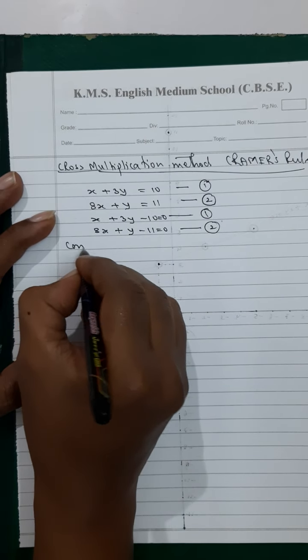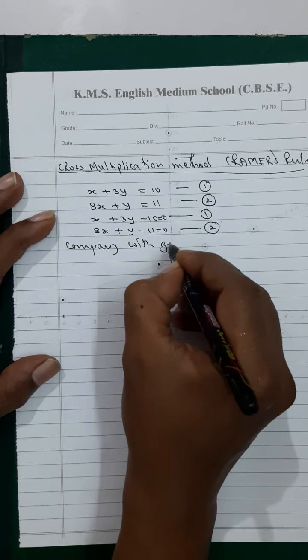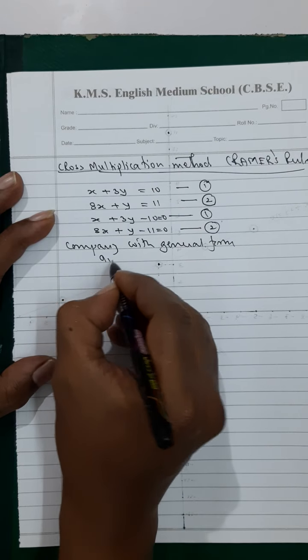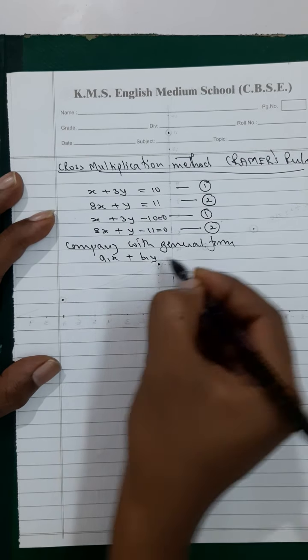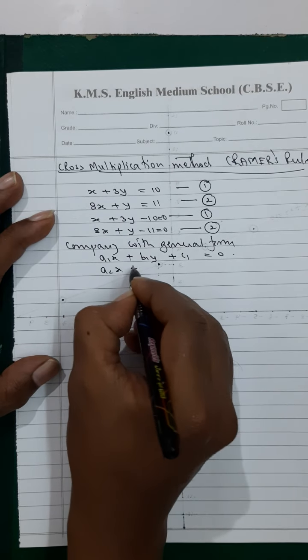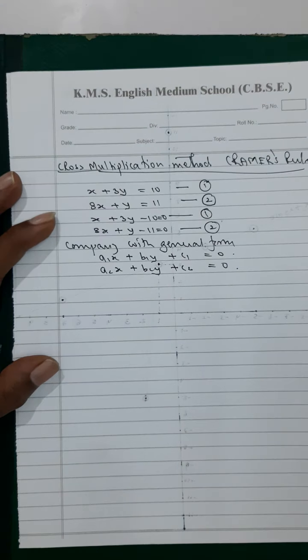Now comparing with the general form, a1x plus b1y plus c1 is equal to 0, a2x plus b2y plus c2 is equal to 0.